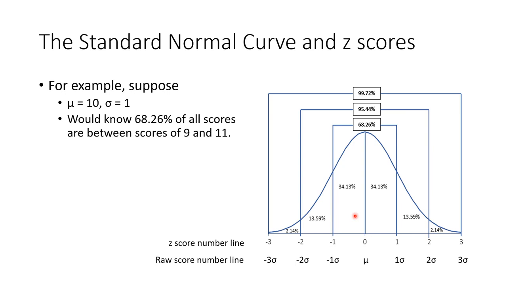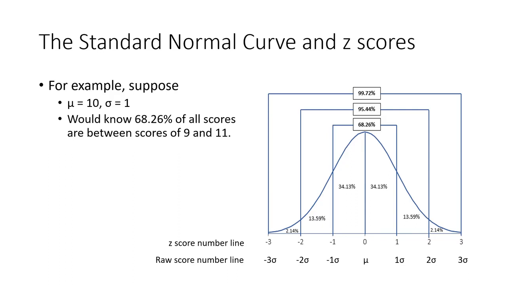Now, computing or making these statements is fairly easy when you're dealing with a whole number mean of 10 and a whole number standard deviation of 1. You can do those conversions in your head, but it can get a little bit more tricky if you start getting means that aren't whole numbers and standard deviations that aren't whole numbers.